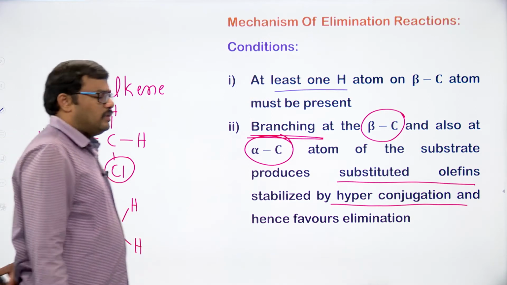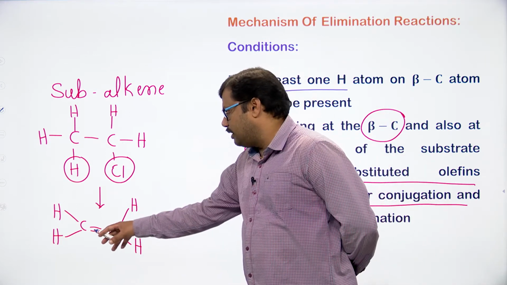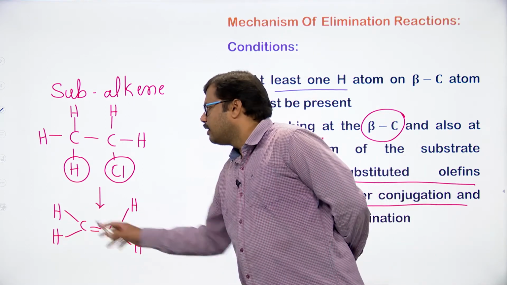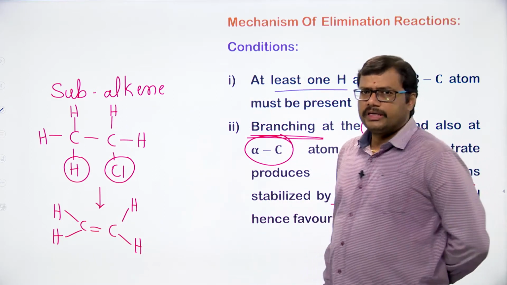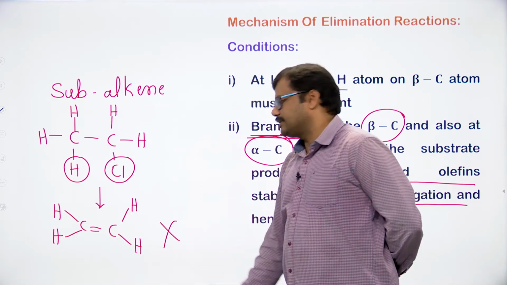So here if we observe, this ethene is not stabilized because the doubly bonded carbon atoms are attached only to hydrogen atoms and there is no CH3 to have hyperconjugation. So hyperconjugated structures are not possible in this case.